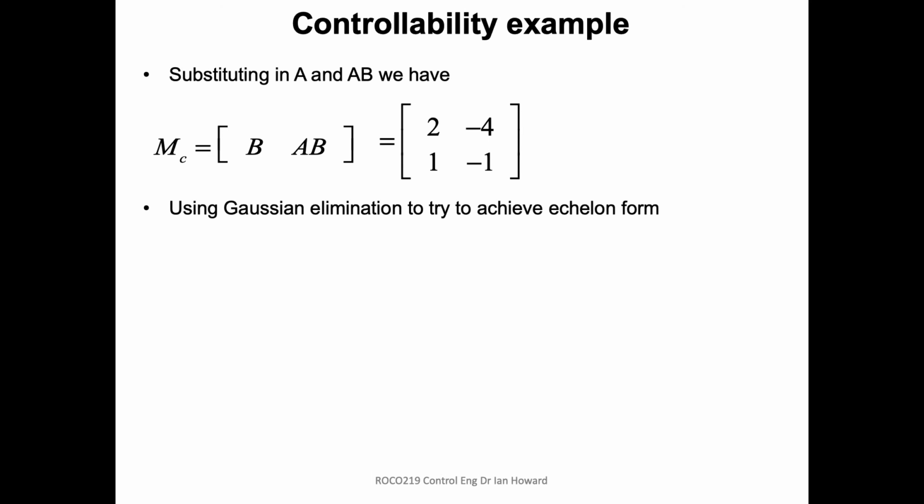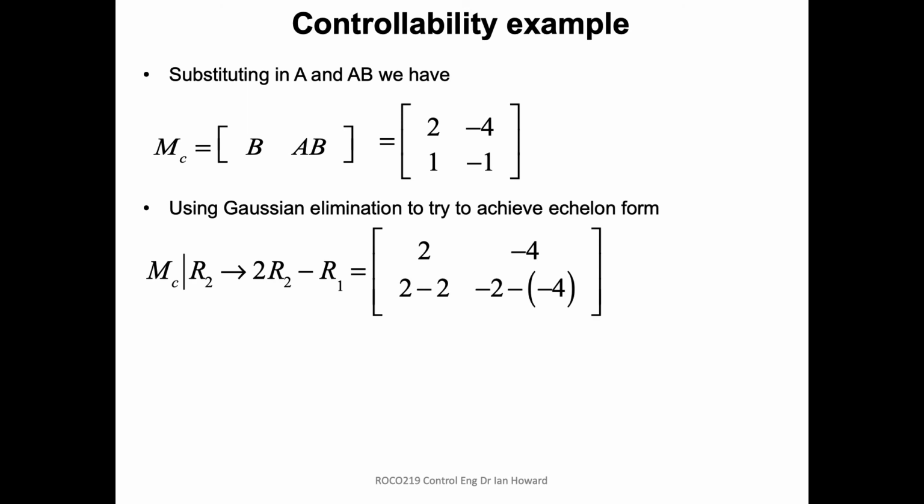Now, in order to tell whether or not that is full rank, and it has to be full rank for this system to be controllable, we need to see whether we can get it into echelon form. Basically echelon form means upper triangular form, in such a way that we end up with a matrix which doesn't have a complete row that is 0. In order to do that, we can subtract rows from each other. That's perfectly legitimate. So we're going to consider row 2.